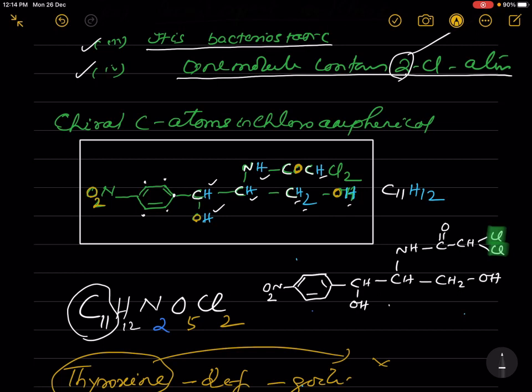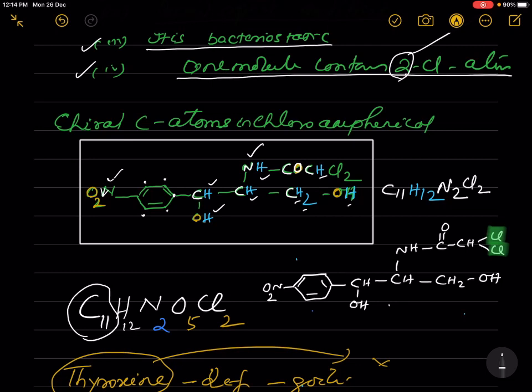The number of nitrogen atoms: you see here is one nitrogen and another nitrogen is over here. So, 2 nitrogen atoms. And number of chlorine atoms, 2.